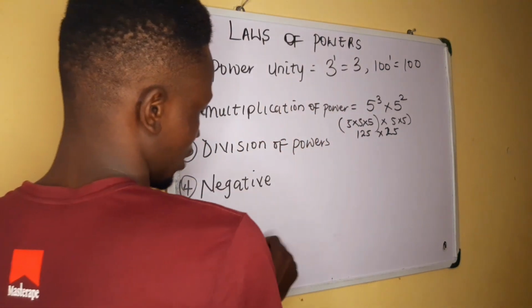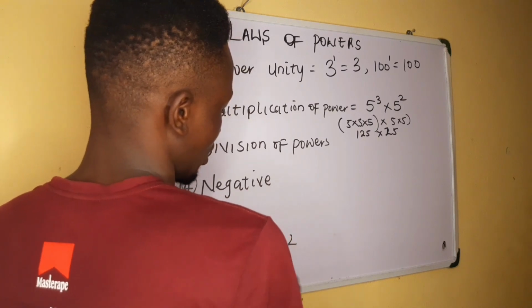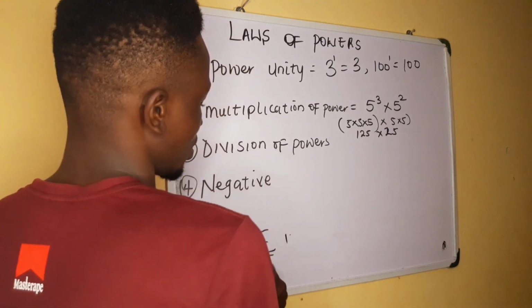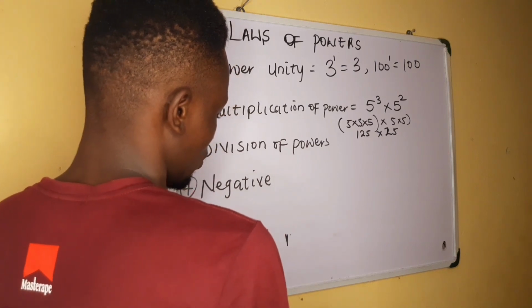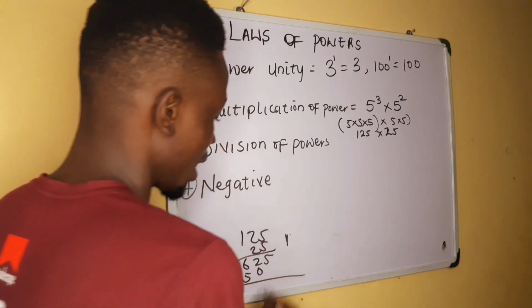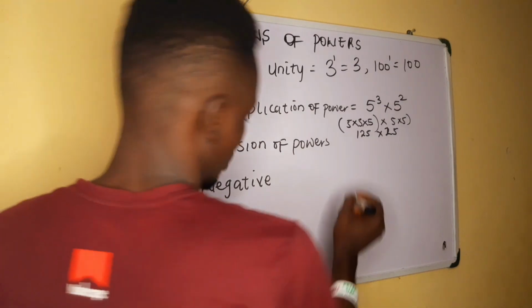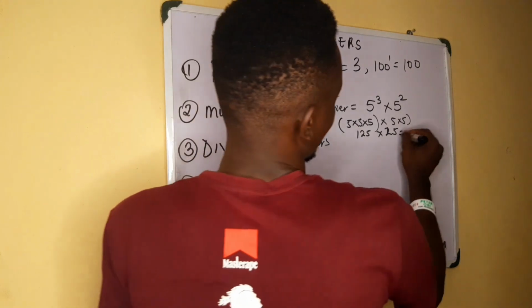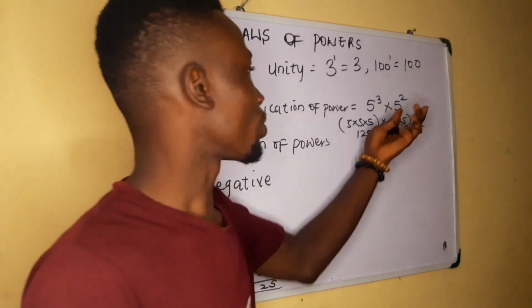So if I do that, I'm going to have 3125. So that is how to solve for powers.